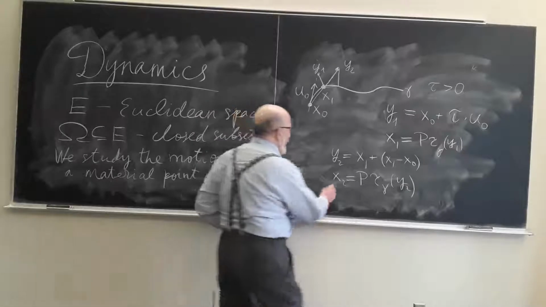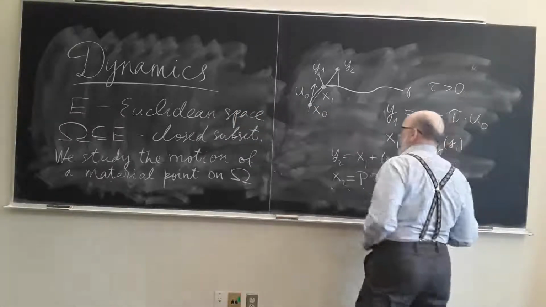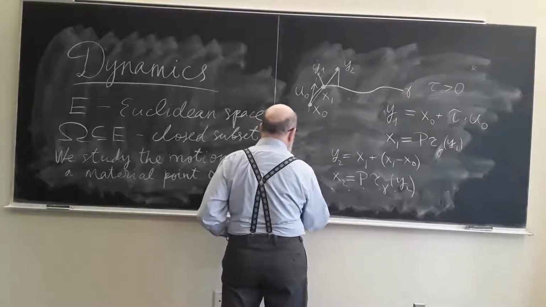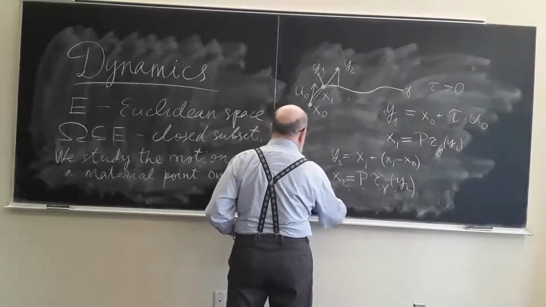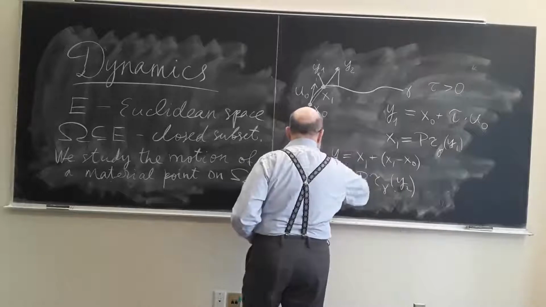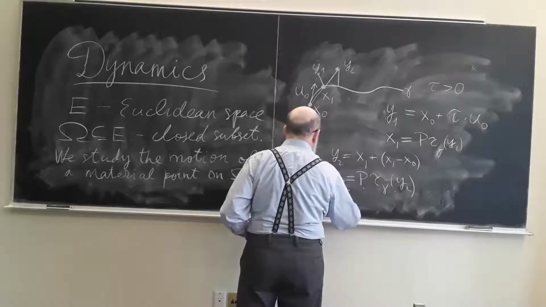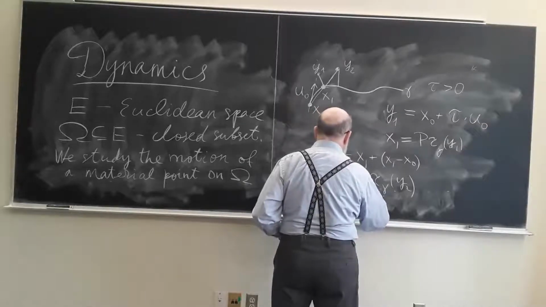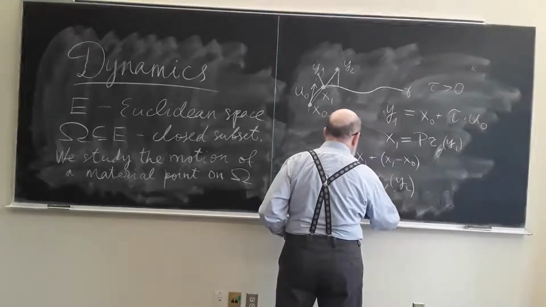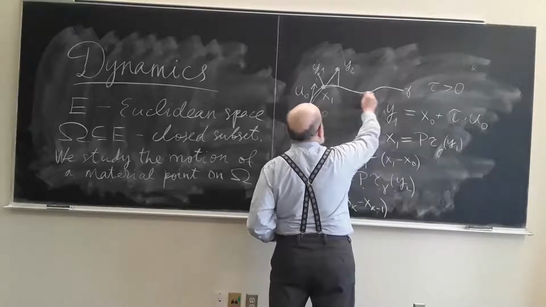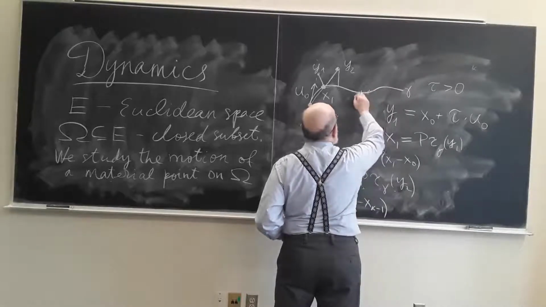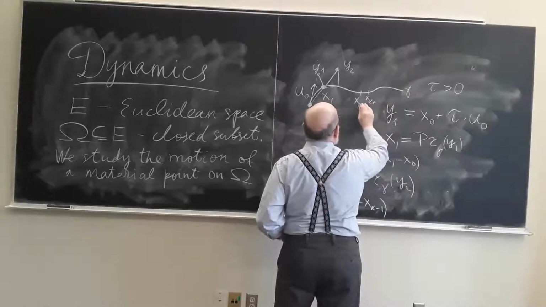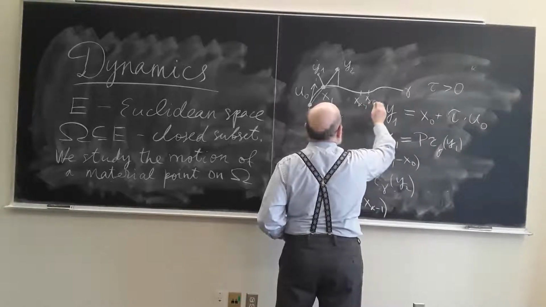Similarly, you continue: y(k+1) equals xk plus xk minus x(k-1). Yeah, so you have 2 points, xk minus 1 and xk.